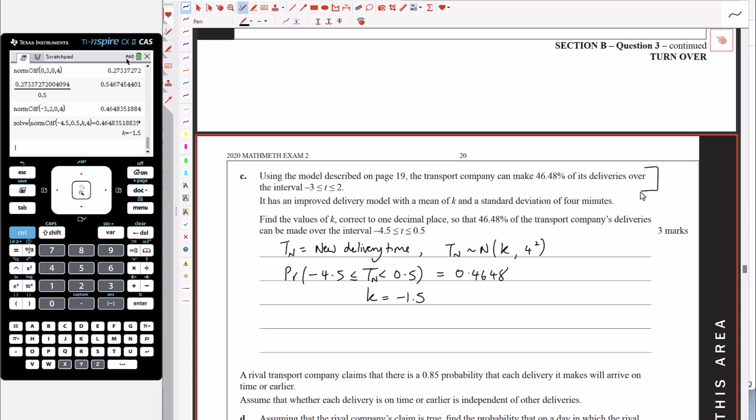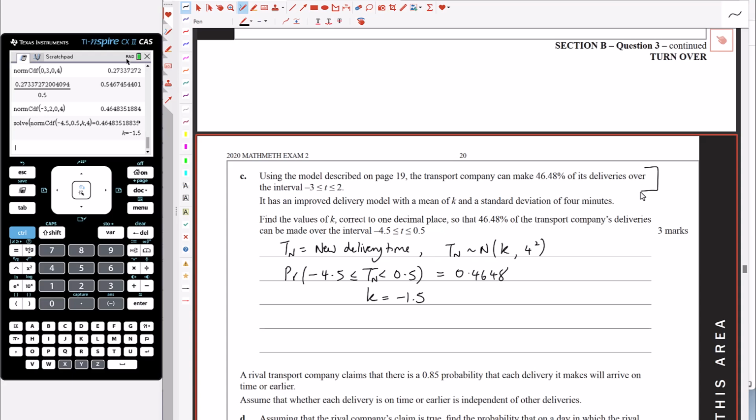There would have been a mark there in getting the 46.48 if we'd been told that the probability of the new model being between negative 4.5 and 0.5 was equivalent to the old model being between negative 3 and 2, and find the value of k. I can see how there's 3 marks there, but having given us that bit of information, there's really not 3 marks worth of working here.